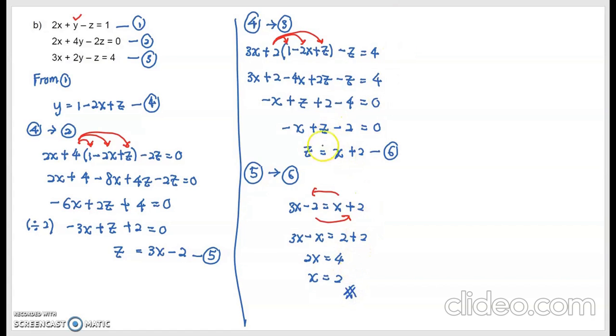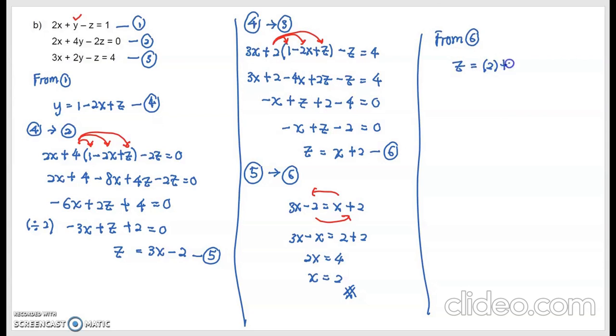Now we try to find the value of z. So by using equation 6, z is equal to, x is 2, 2 plus 2, which is equal to 4. Next, we try to find the value of y.